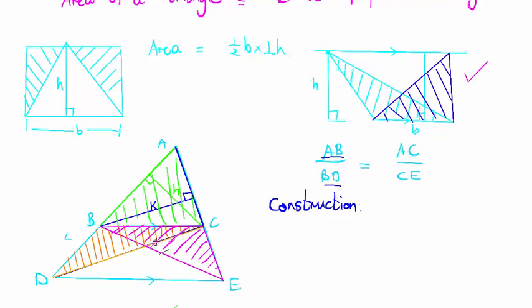It's just upside down. If I make BC the base, then D and E are the apexes, and the line between D and E would be parallel to the base.